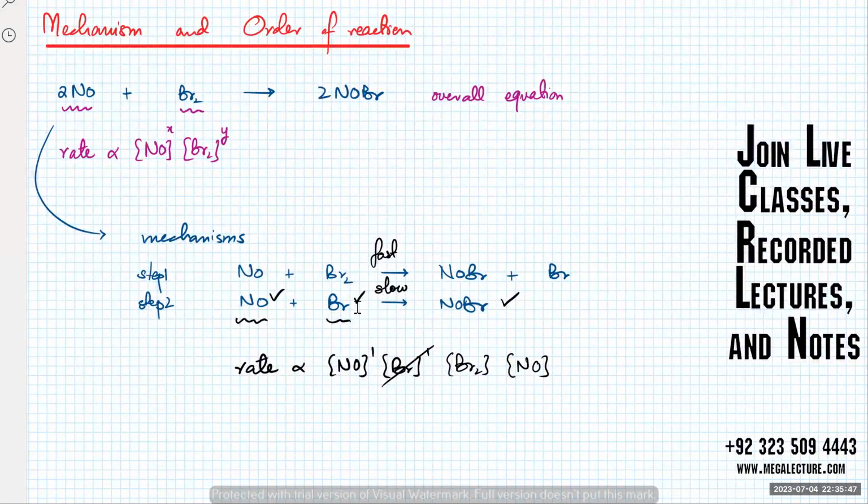So when I say my rate depends on Br, which is an intermediate, it indirectly depends on the first two things. Is that clear? Yep.